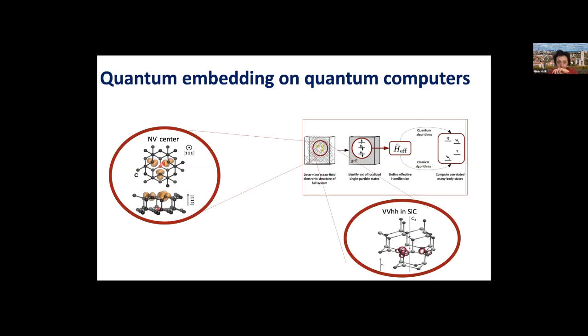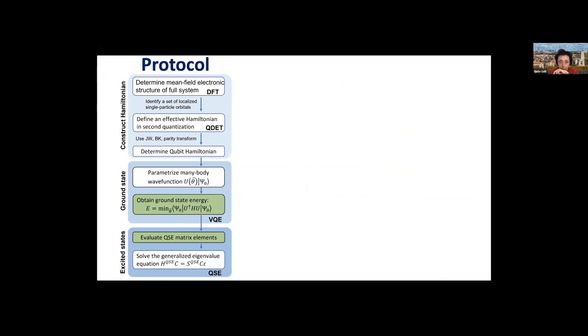So what we did, and this is a very complicated diagram that I'm showing here, is this. We do DFT, we do quantum embedding, we set up an effective Hamiltonian, then we do a transformation, either Jordan-Wigner or others, a parity transformation, to go from the effective Hamiltonian to a qubit Hamiltonian.